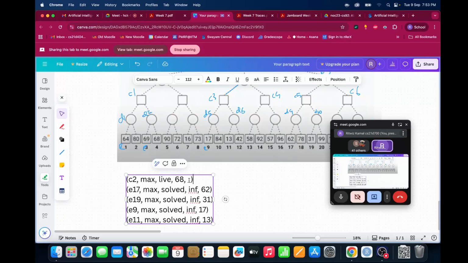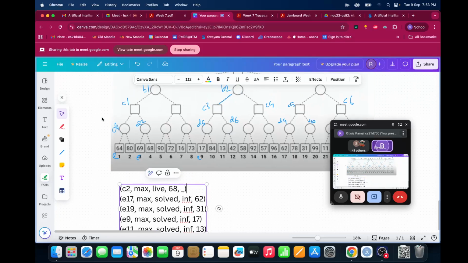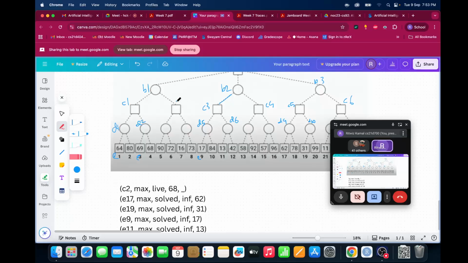Now C2 is at the top of the priority queue, and we will apply the SSS star algorithm recursively now. So this is C2, this is D3, this is D4. Consider this as an independent subtree and apply SSS star again to this subtree alone. That is what essentially we are going to do.